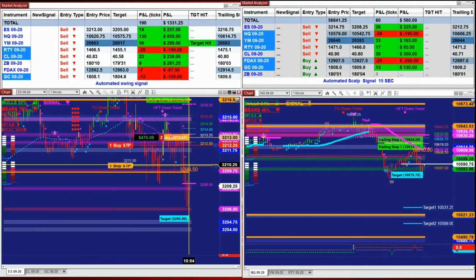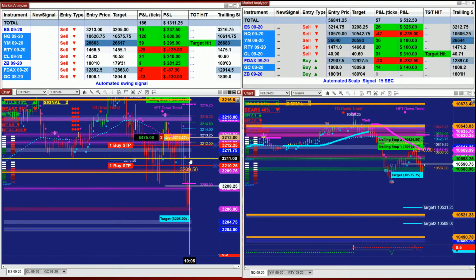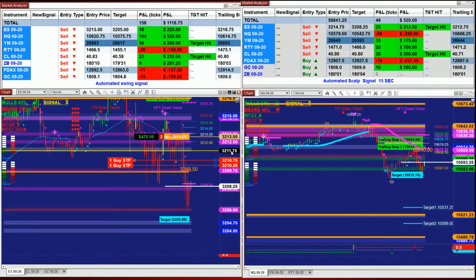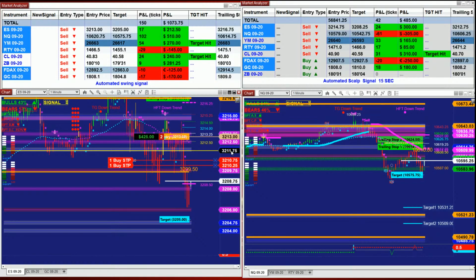The entry point on the system, if you look at the re-entry point, is 3209.50. So on the pullback re-entry, you can always re-enter the market, and the system shows you what it is, 3209.50.